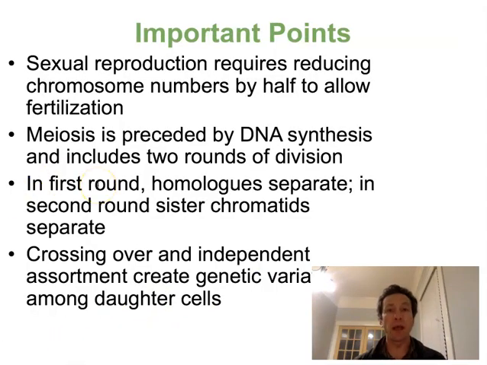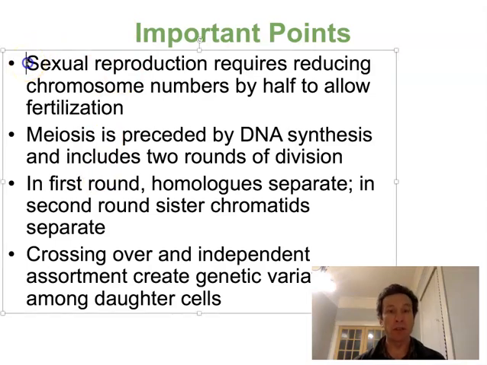And so I'm going to end just by summing up important points for the process of meiosis. First, remember that this is happening because sexual reproduction requires reducing chromosome numbers by half, such that fertilization can restore the original number of chromosomes.